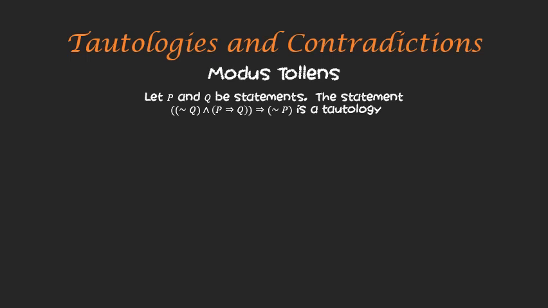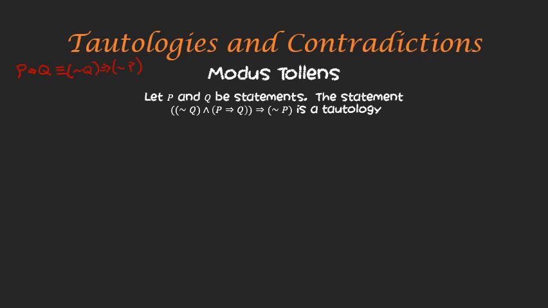And so for this one, I want you to first remember that we have an equivalent statement to an implication. So if we have the implication P implies Q, that this is equivalent to its contrapositive, not Q implies not P. Remember that, contrapositive and the implication are equivalent.